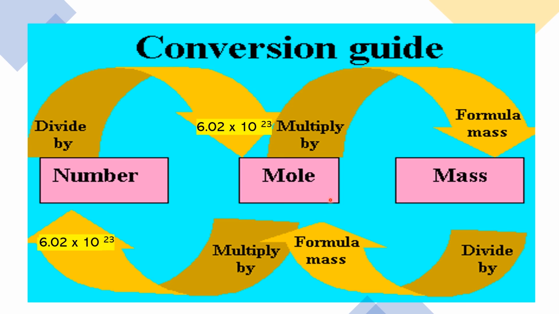When you're going to convert from moles to mass, you need to multiply them by its formula mass. And from mass to mole, you need to divide it by its formula mass.